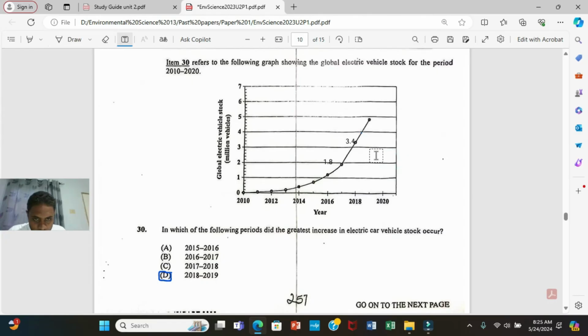You take away, you get 1.6. For this period here, it would be 3.4 there, and then here it would be 4.8. You take away 3.4 from 4.8, and you would get 1.4. The answer would be 2017 to 2018.